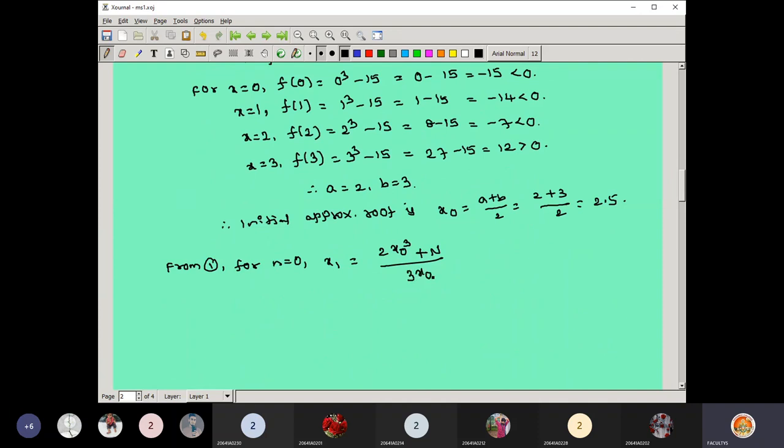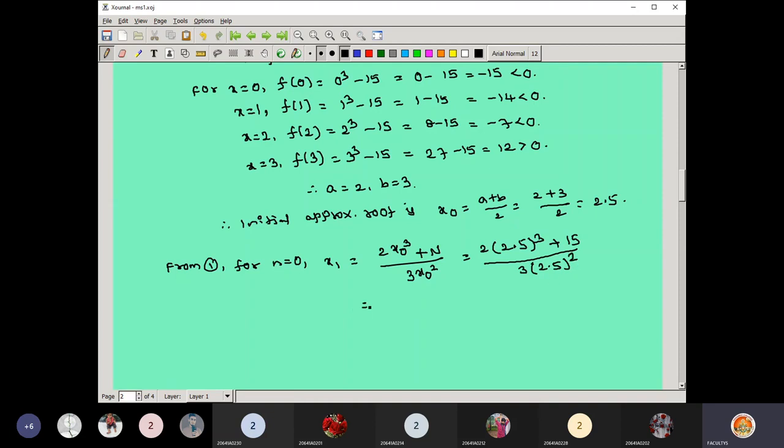Substituting 2.5 whole cube plus capital N, which is 15, totally divided by 3 into 2.5 whole square.